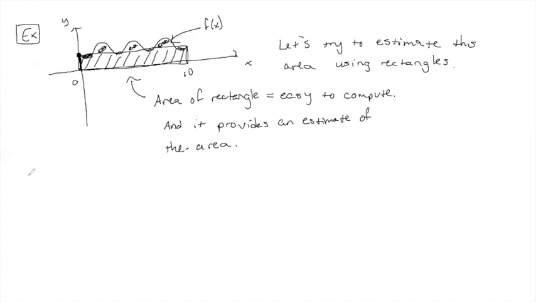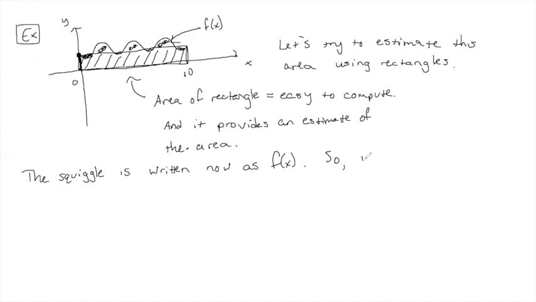So the squiggle, this thing up here, just the top part of this shape, is written now as f of x.